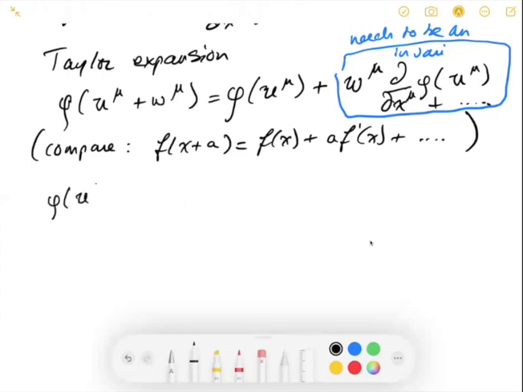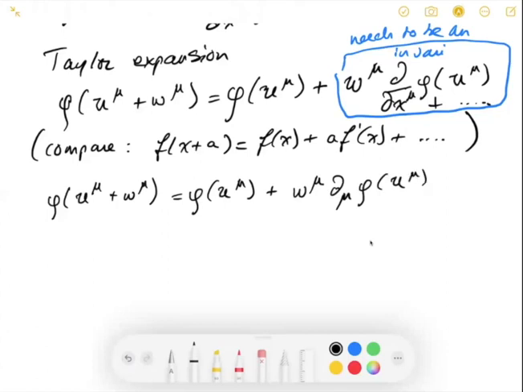So we say U mu plus W mu is the starting point, U mu plus omega, or W mu, del, oh, come on, I'm so used to writing partials. Del mu of phi evaluated at U mu. But it should be obvious now that del mu is covariant.